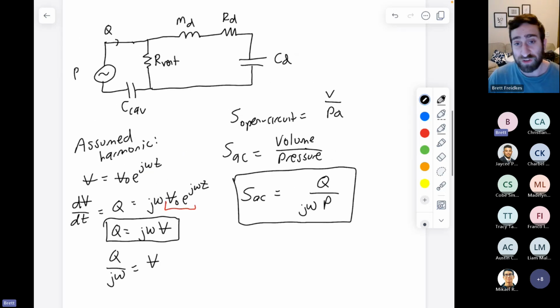But we have to be very specific, because in regards to the transducer, the thing that we care about is the deflection of the diaphragm. So really what we care about is not the overall Q, because the overall Q is split between the vent and the diaphragm. We only care about the Q through the diaphragm, which is why this ends up being Q of the diaphragm over j omega P. Is that okay?